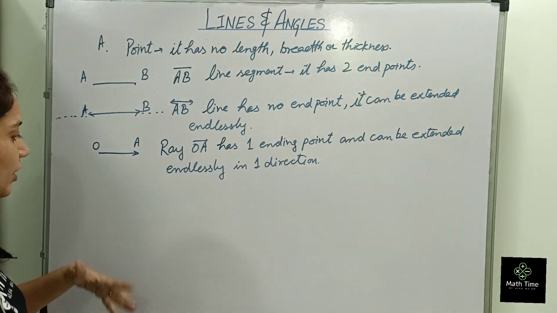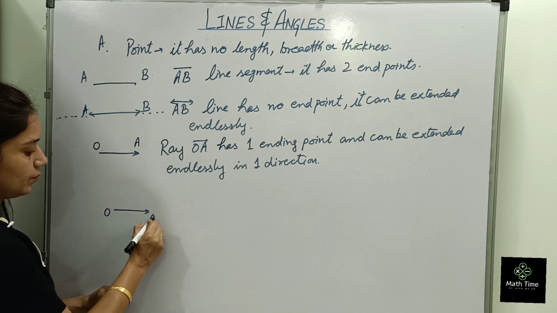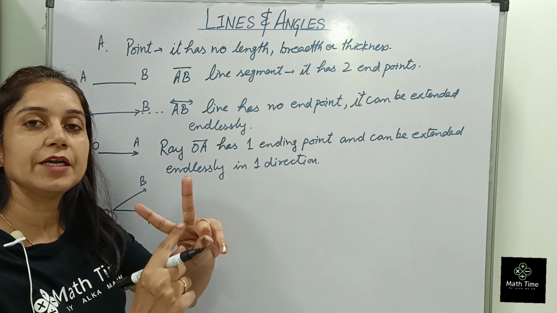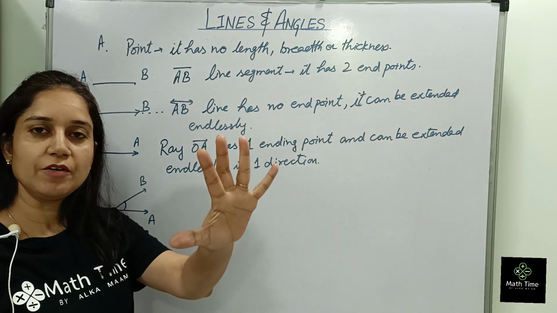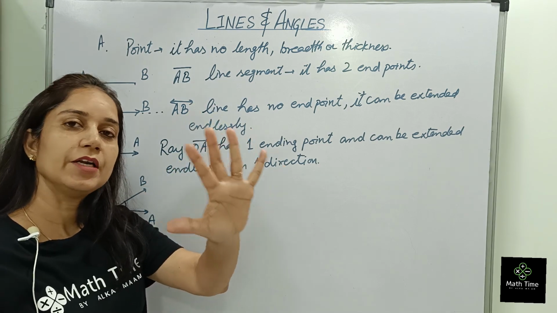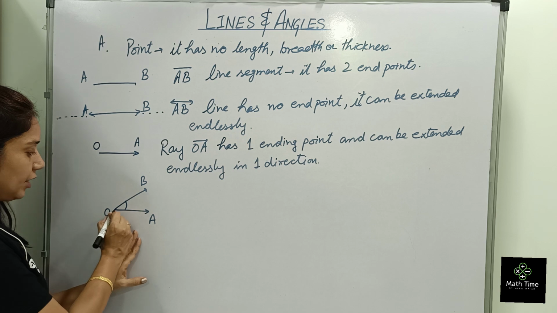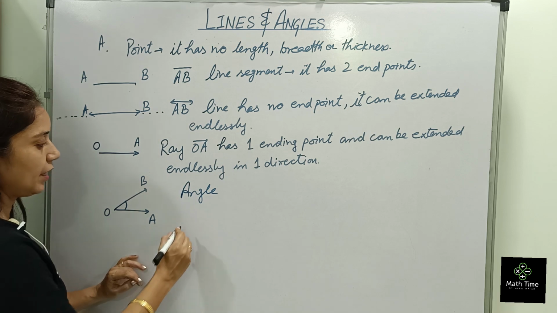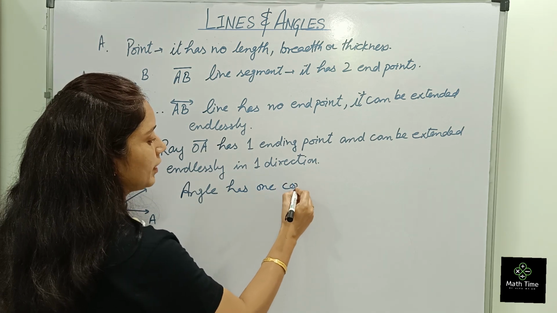Now from rays we can have different angles. This is point O, this is A. Ray OA and ray OB. When two rays start from a common vertex, they form an angle. Among all 5 fingers you can find angles: 1 angle, 2, 3, 4. So we can make different angles from our fingers also.